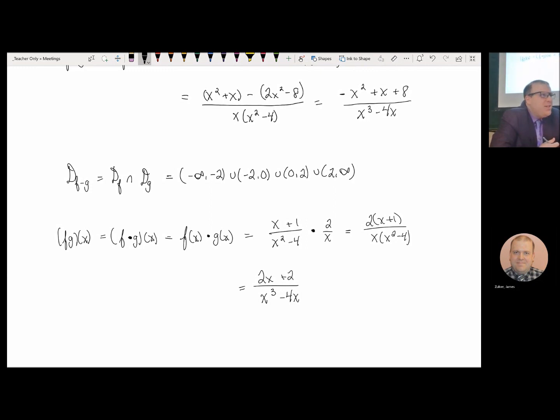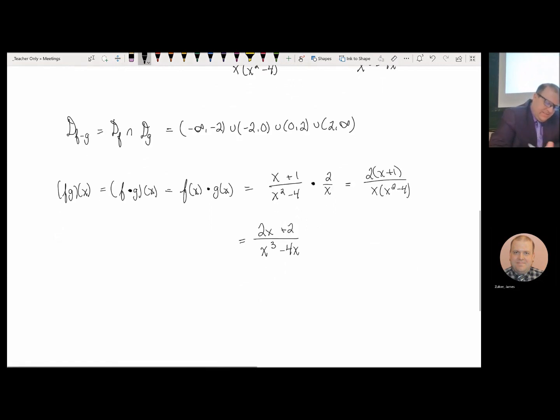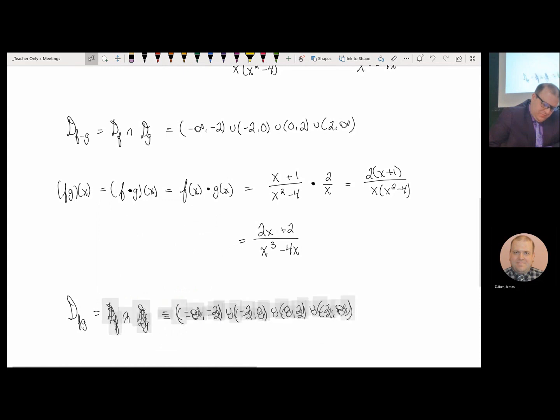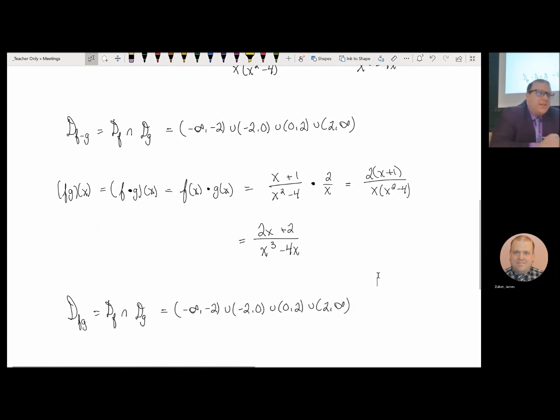So there's f times g. And its domain is the exact same thing. It's the intersection of the domains.